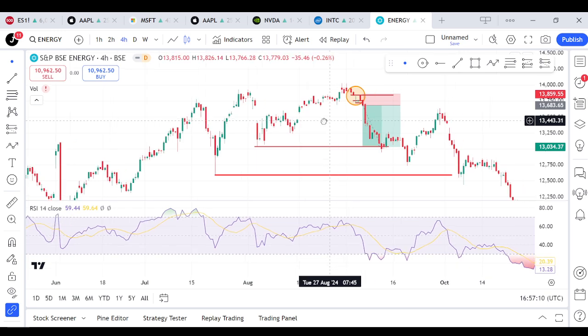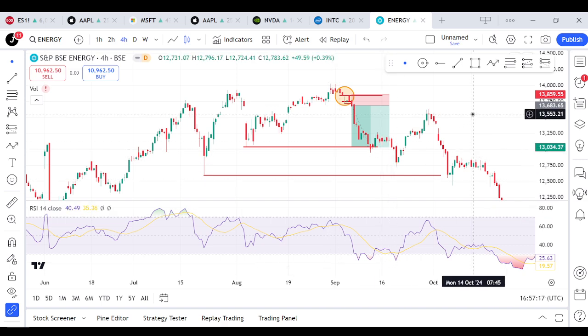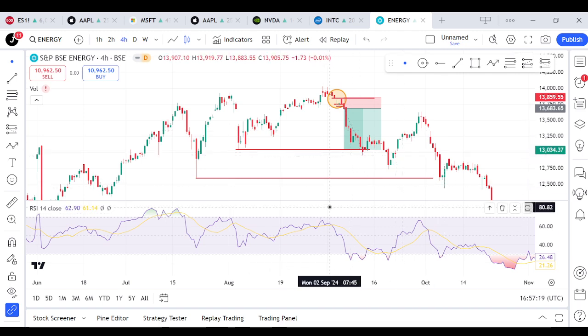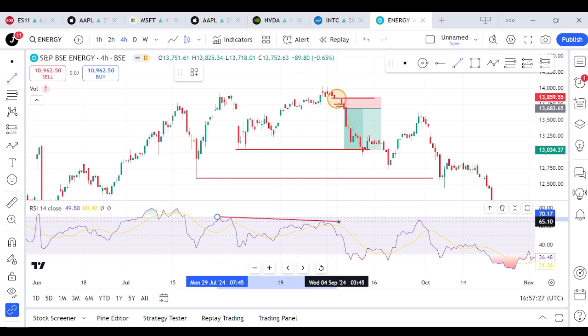worth taking. And you can see the RSI is very close to the overbought region, which is above 70, but it didn't exactly cross above 70. So we should look for another confirmation. You can see this divergence, this bearish divergence on the RSI.